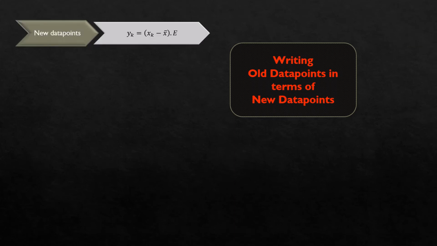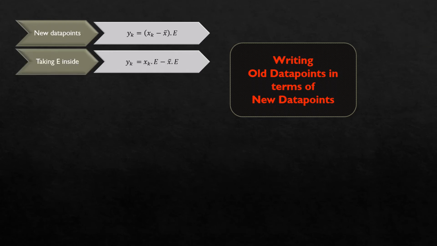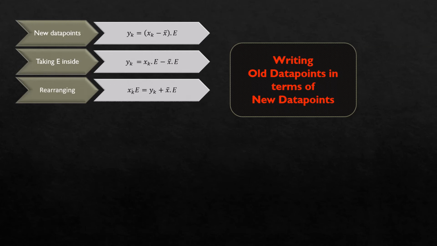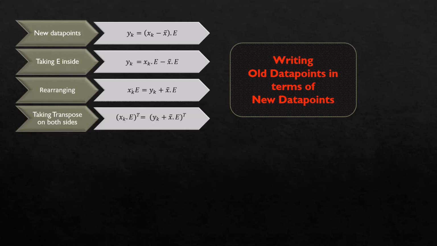The new data point is given by yk is equal to xk minus x bar into E. Let's take the E inside, so it becomes xk into E minus x bar into E. Rearranging, we get xk into E is equal to yk plus x bar into E. And what we are trying to find is xk when we have the values of yk and E. When we take the transpose on both the sides, we get xk E the whole transpose is equal to yk plus x bar E the whole transpose.